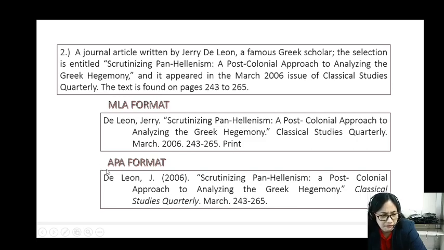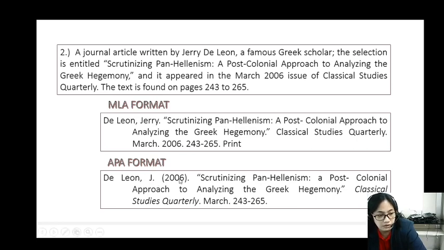For the APA format, the surname is in full, but the first name should be the initial only. If there is a middle name, you just put the initial also. For example, Jose P. De Leon becomes JP De Leon.